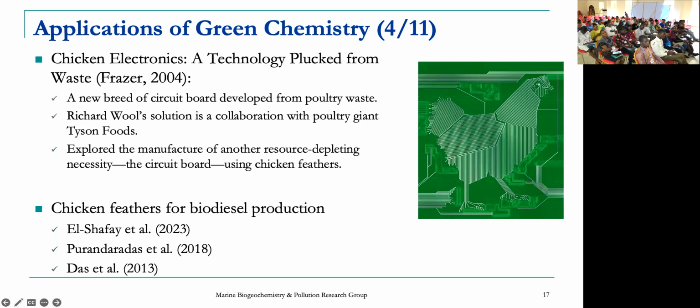Other uses of feathers include production of biofuels. Of course, this has been widely reported. I know that your university has done quite a lot, because I checked online, concerning the use of biosources to produce either biofuels or biodiesels and all of that.